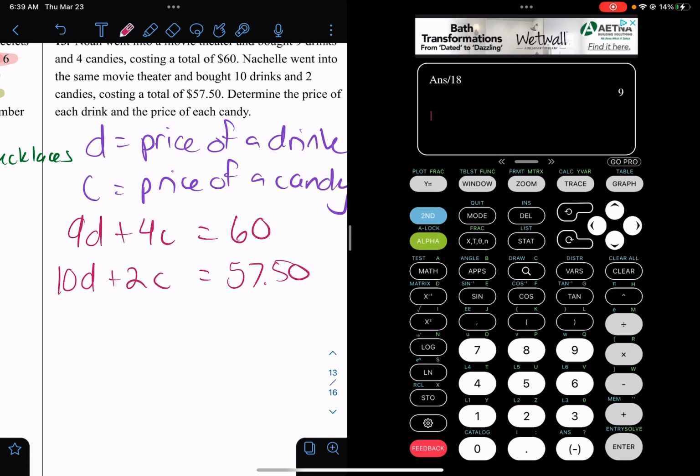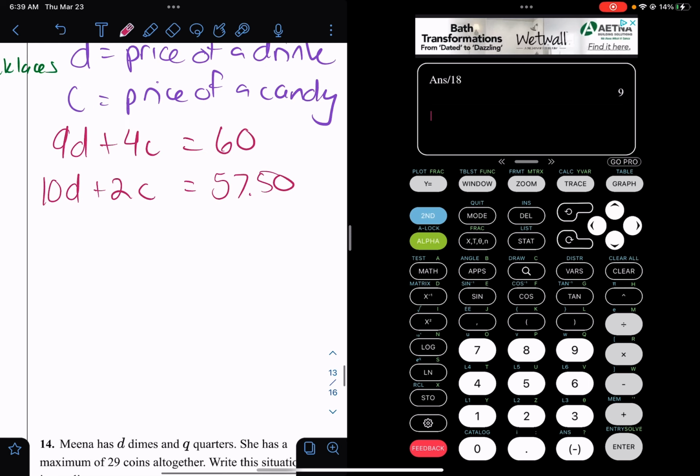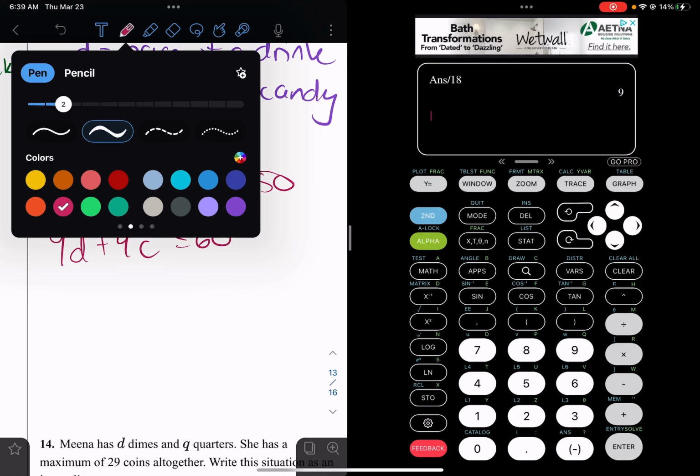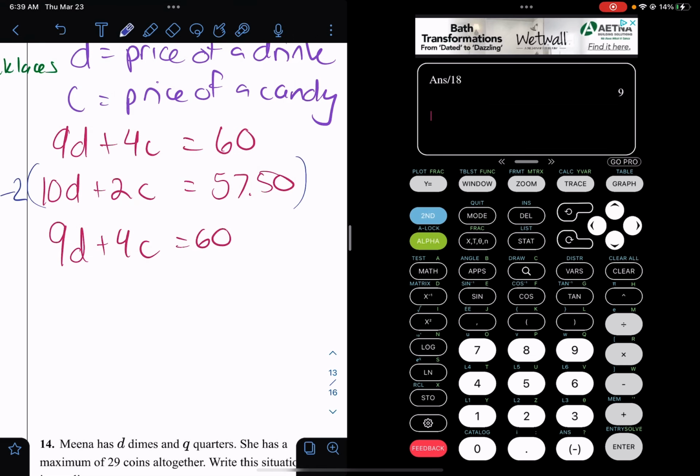All right. So these are our equations. Again, we learned how to get to this point. So now we can go ahead and simplify. Let's do 9D plus 4C equals 60. I'm not going to change my first equation, but I'm going to multiply my second equation by -2. The reason I'm doing that is I want to cancel my C's out. And if I do a -2, my C's are going to cancel. So I get -20D minus 4C equals, and then 57.50 times -2, whoops, oh my goodness, 57.50 times -2.